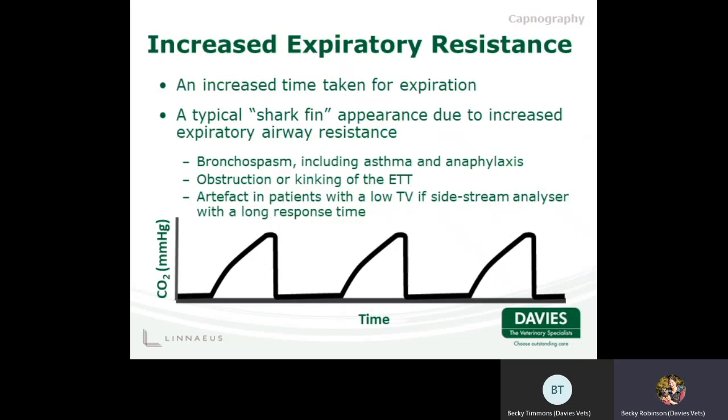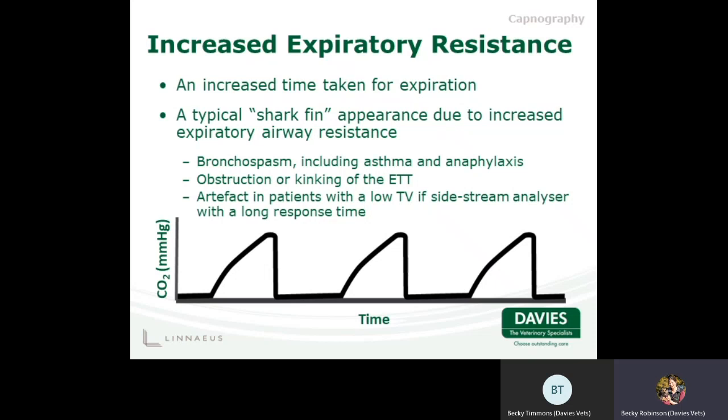This example of what's often called a shark fin appearance to the trace indicates an increased expiratory resistance. This is because if we look at the expiration, the upstroke, it's taking an increased time for expiration.